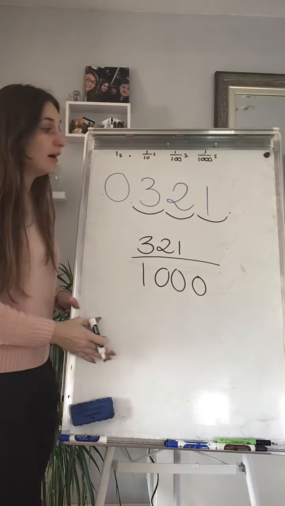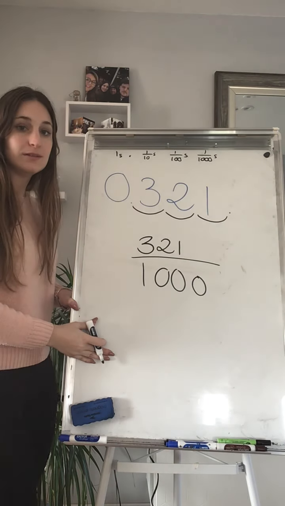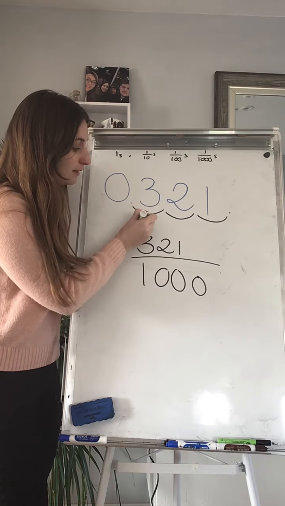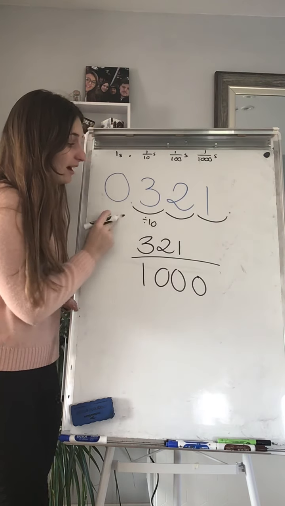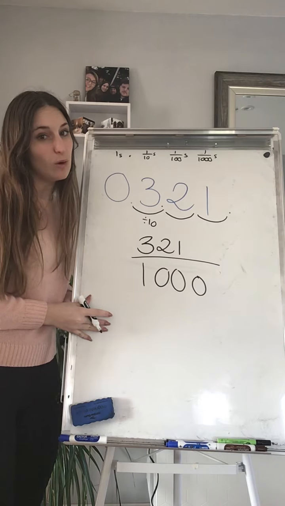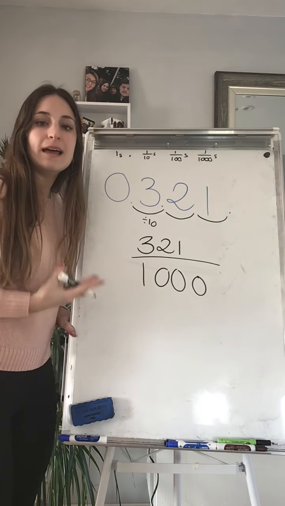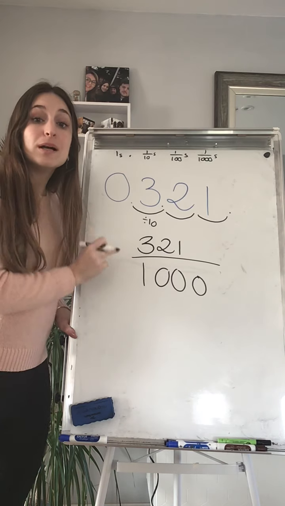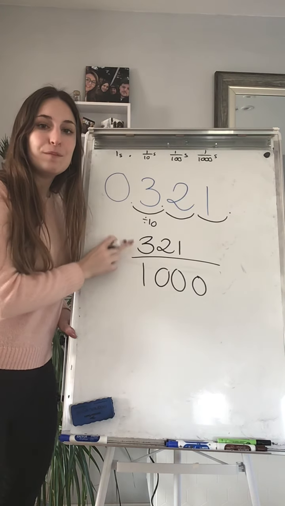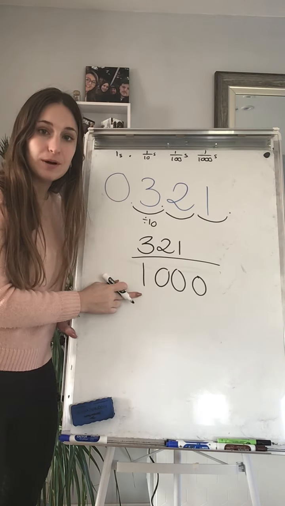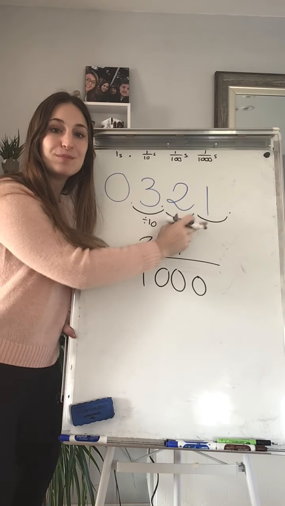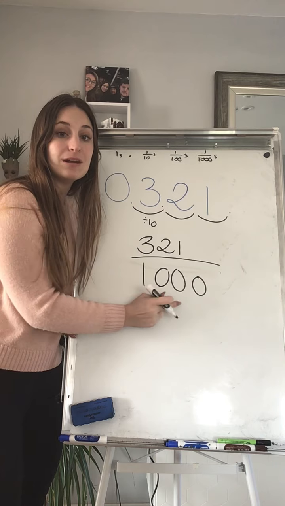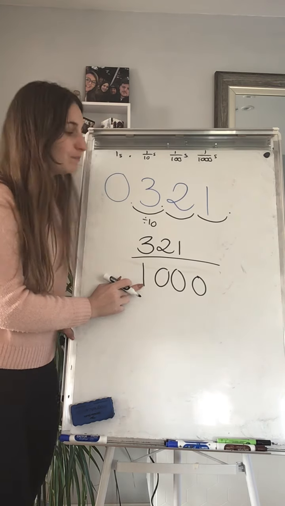So I could have 321. Can you see how if I divide it by 10, I will get 3.21 tenths, which we said you can have a decimal number on your numerator, but we are going to avoid it by dividing it by the correct number. Because it has 3 decimal places, I need a number with 3 zeros, which is my 1,000.